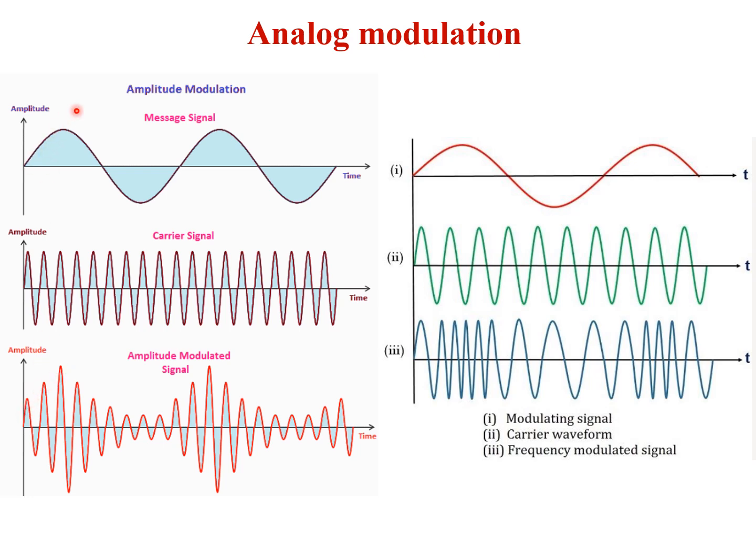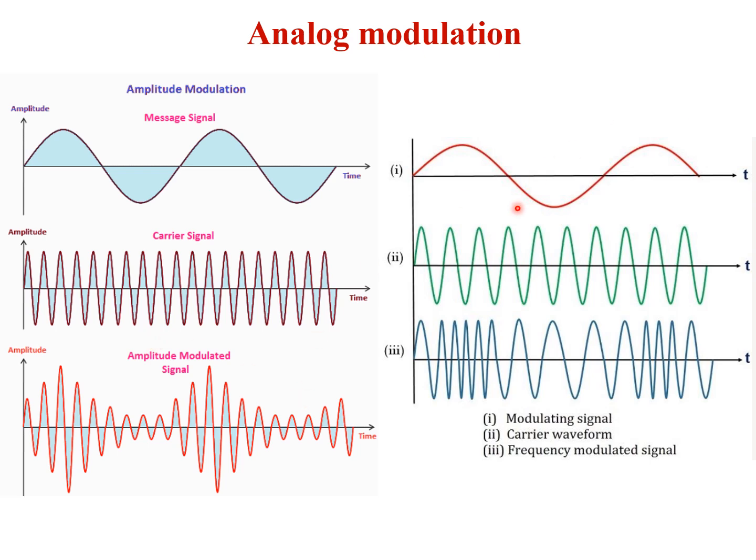From here to here it's increasing, then the amplitude is decreasing, and the carrier amplitude is also decreasing. So this is how the message will be transmitted. The amplitude modulated signal will be obtained.